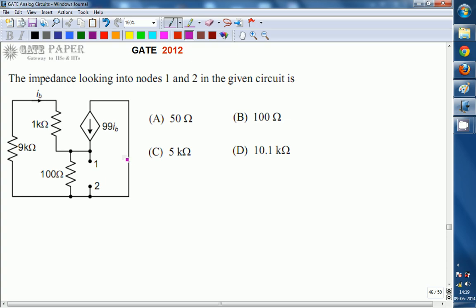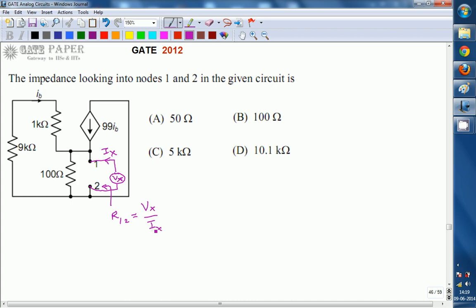to apply a test voltage across those two nodes. Let us assume Vx is the test signal voltage. If you apply this voltage Vx, how much current is drawn from this voltage source? That is Ix. So the equivalent impedance R12 is Vx by Ix.